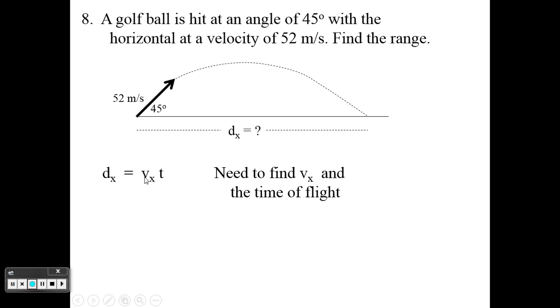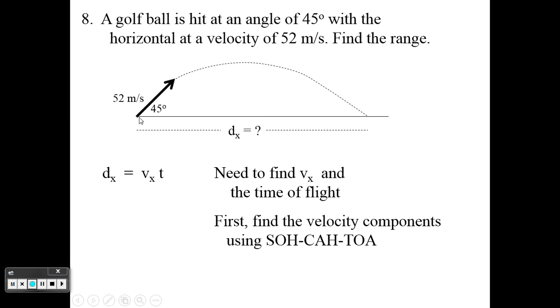Now the first step is to break up this 52 meters per second into components using SOHCAHTOA. That's our first step. We know that the horizontal component is the adjacent side, and the adjacent side and hypotenuse are related by the cosine. So the cosine of 45 is adjacent over hypotenuse.